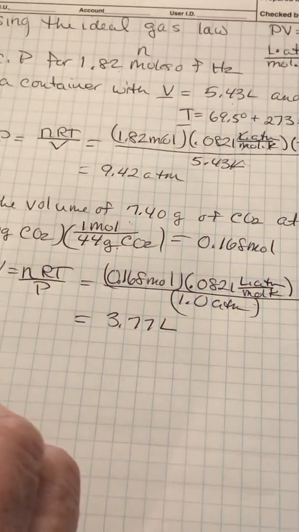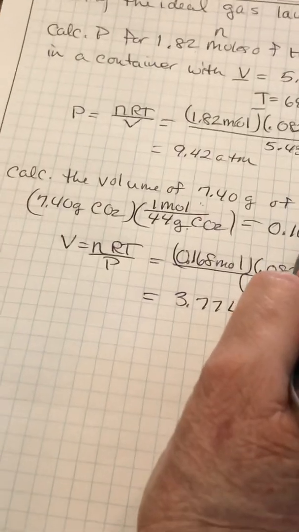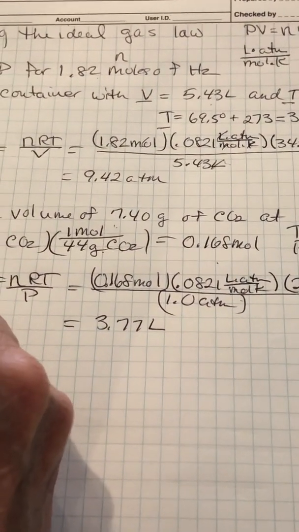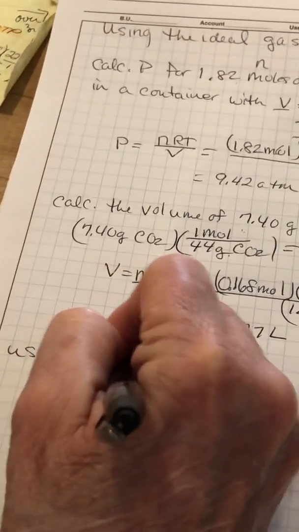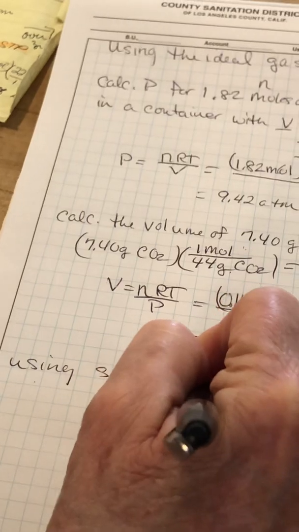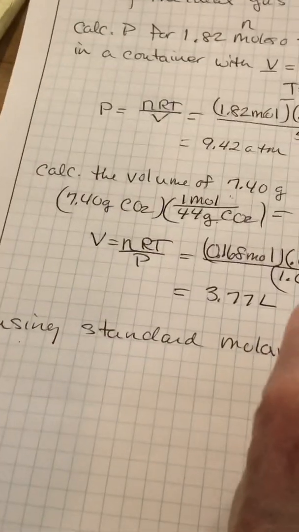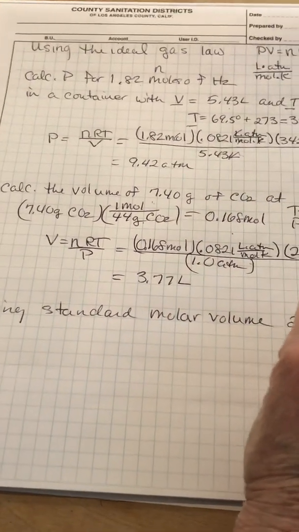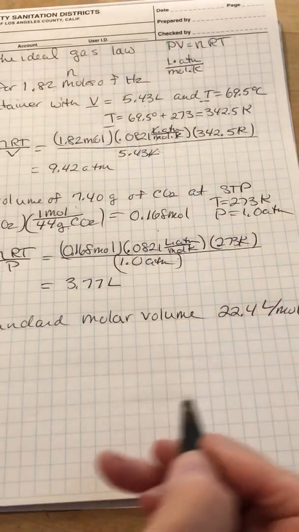Now remember the business about STP. We have the number of moles here. So if we want to use the standard molar volume, because we are at STP, this will provide us with a nice little shortcut. 22.4 liters in 1 mole.